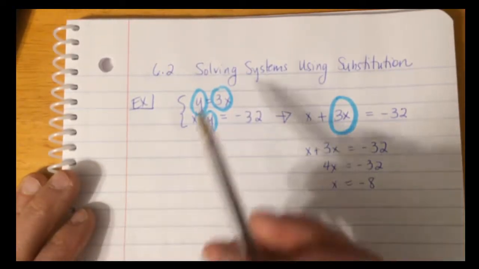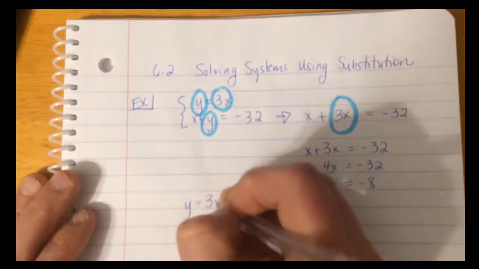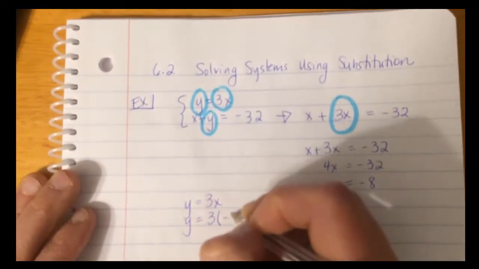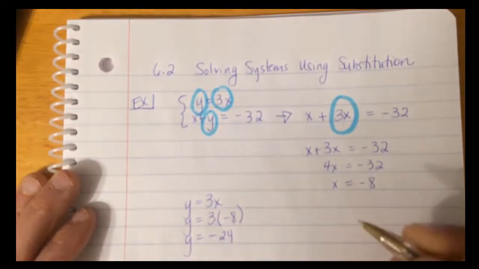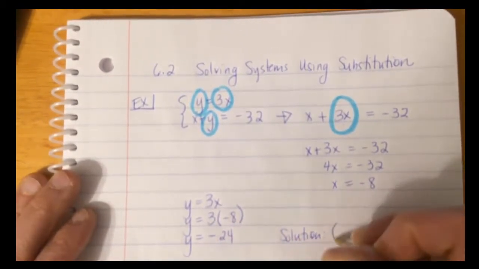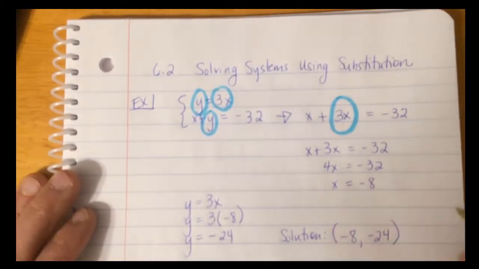So remember from up here that y equals 3x. So y must be 3 times negative 8, and that tells me that y equals negative 24. So now I can write my solution as an ordered pair, negative 8, negative 24.